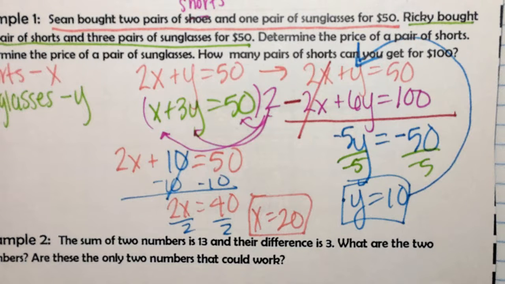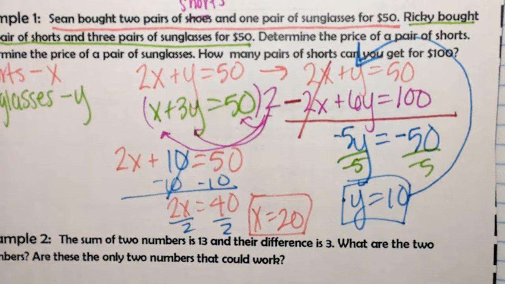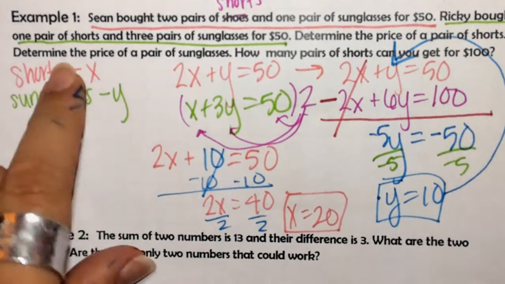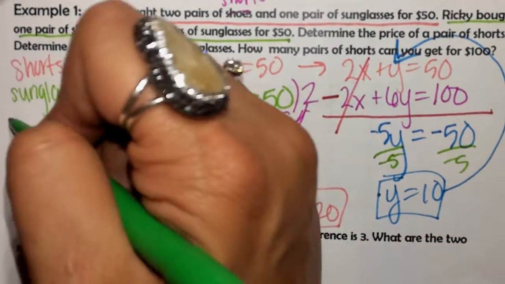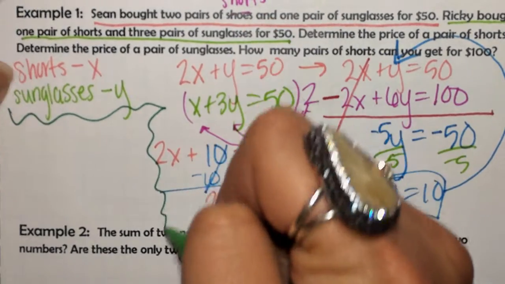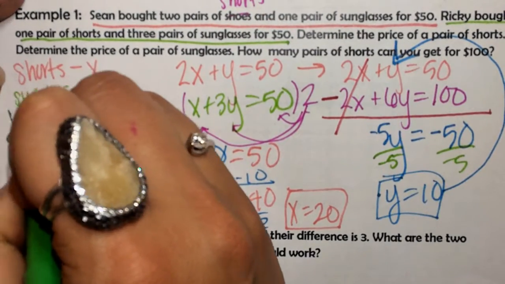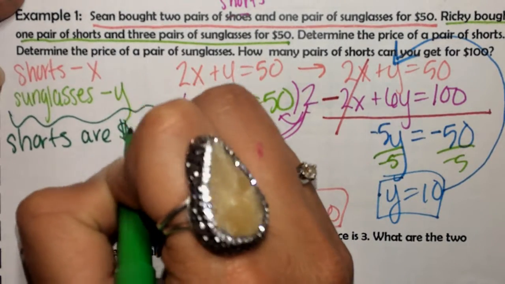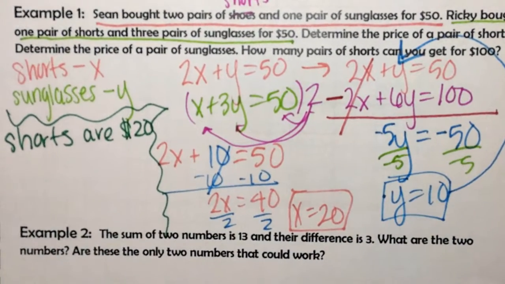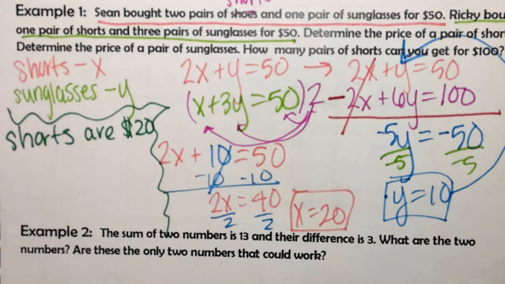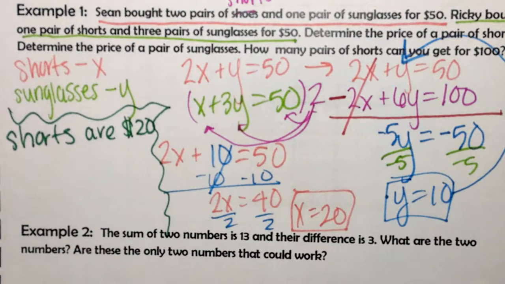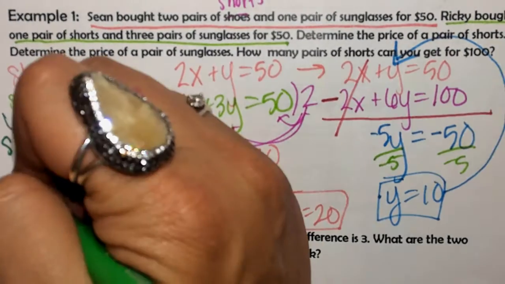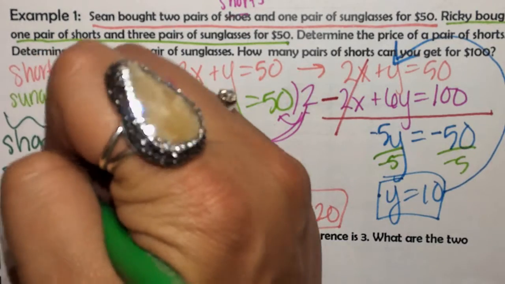The key says shorts. So shorts are how much? $20. What's Y? Sunglasses. And sunglasses are how much?